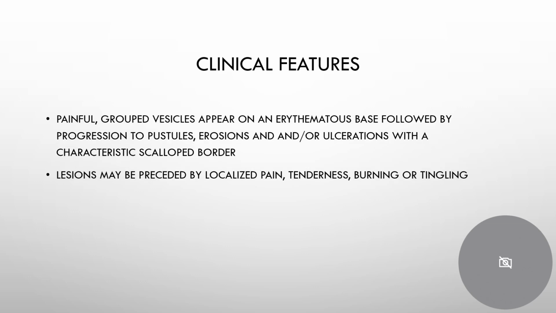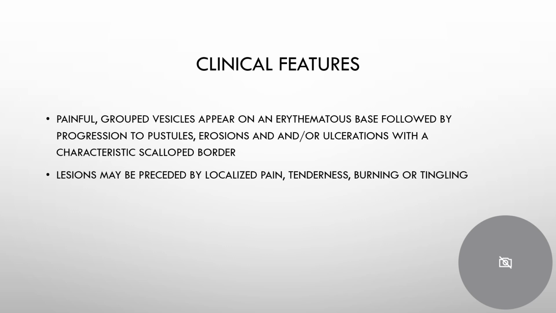HSV1 and 2 infection can be recognized as painful grouped vesicles that appear on an erythematous base, initially having a clear or serous fluid, but then become cloudy and develop a purulent type of fluid.